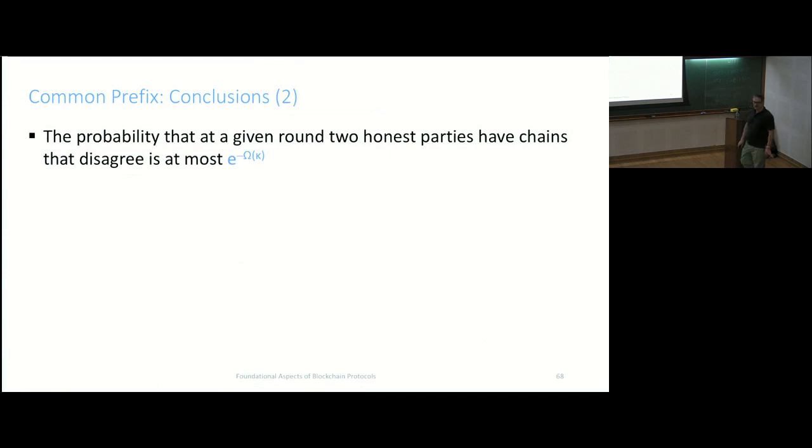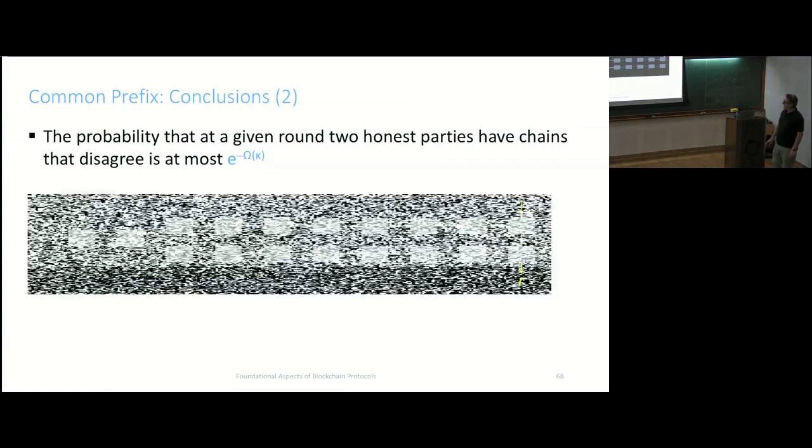So at the higher level it means the probability of two honest parties having different chains, right? Parties have chains, they're going to prune the last kappa blocks, and they're going to be looking at this prefix, right? The probability of those not looking at the same thing is negligible, right?